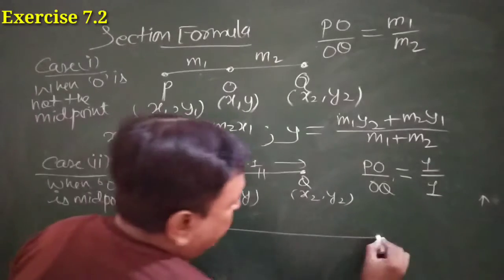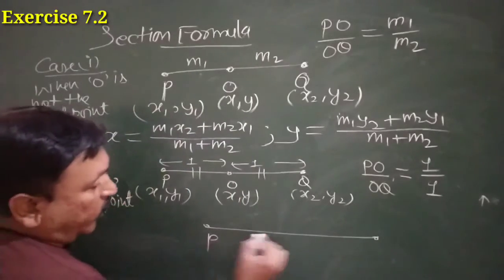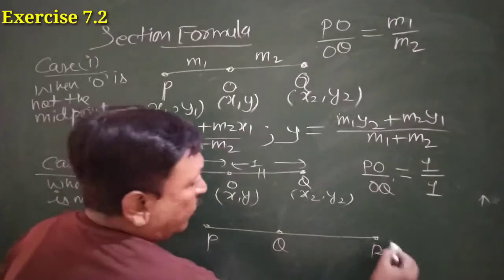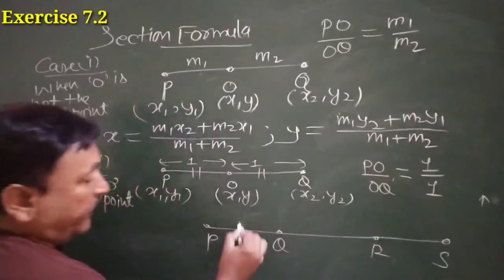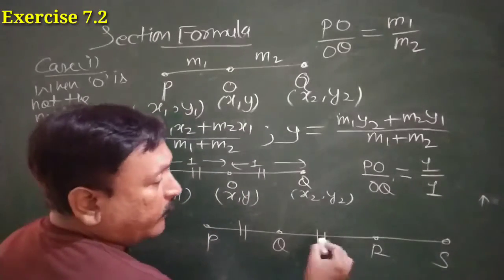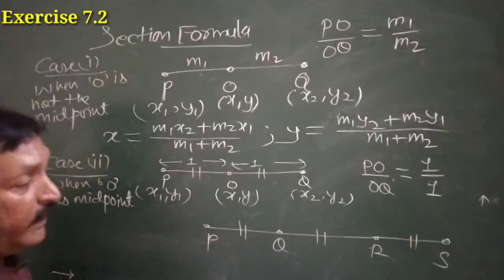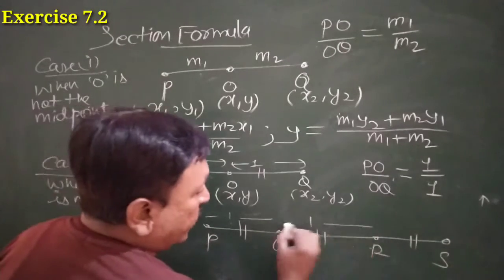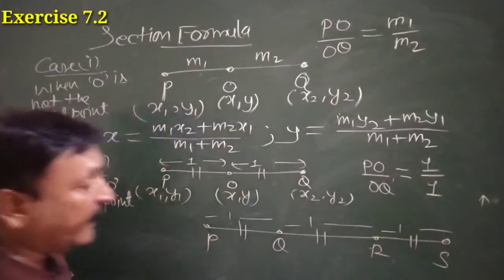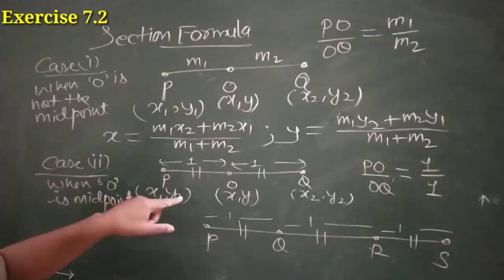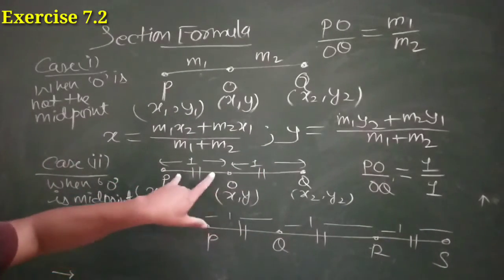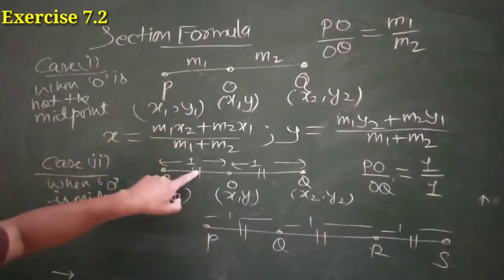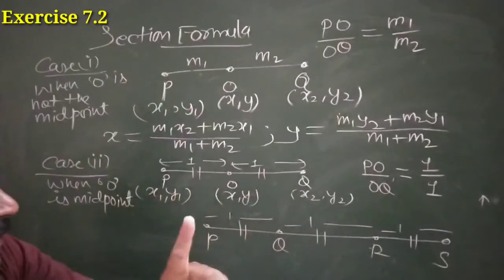Suppose a line is formed of P, Q, R, S, and PQ equals QR, QR equals RS. It means the ratio is 1:1:1. That is why when O is the midpoint, the value of m1 and the value of m2 will be 1.